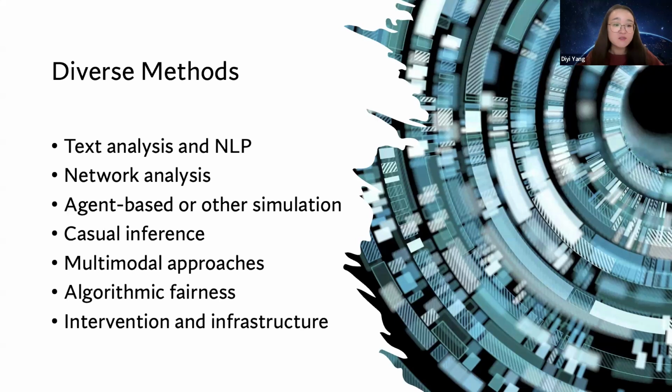There is also a lot of work looking at algorithm fairness, infrastructure, intervention, and platforms. Similar to social science theories, I think those technical thrusts and also machine learning advances provide a very strong foundation and toolkits that enable modern computational social science research.